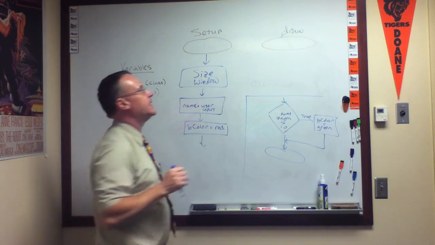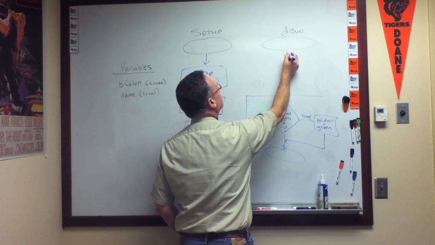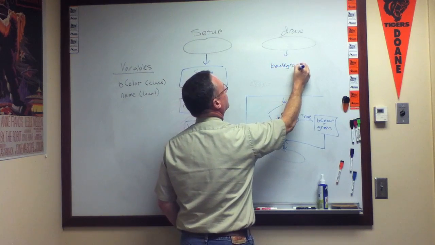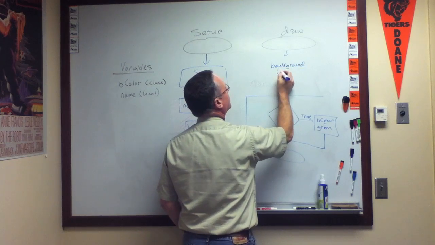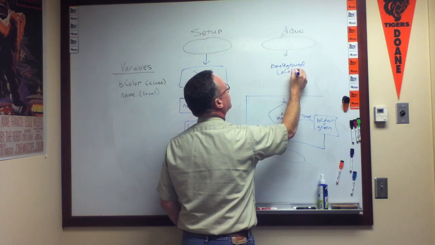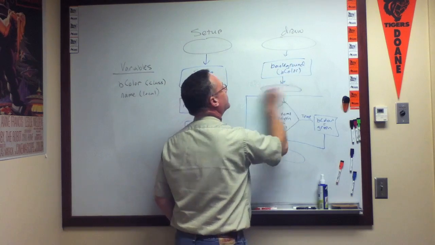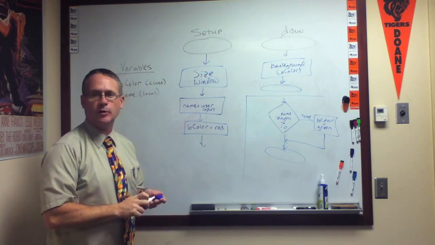In our draw method then, all we have to do is make a call to the background method that uses the color variable that we've set.